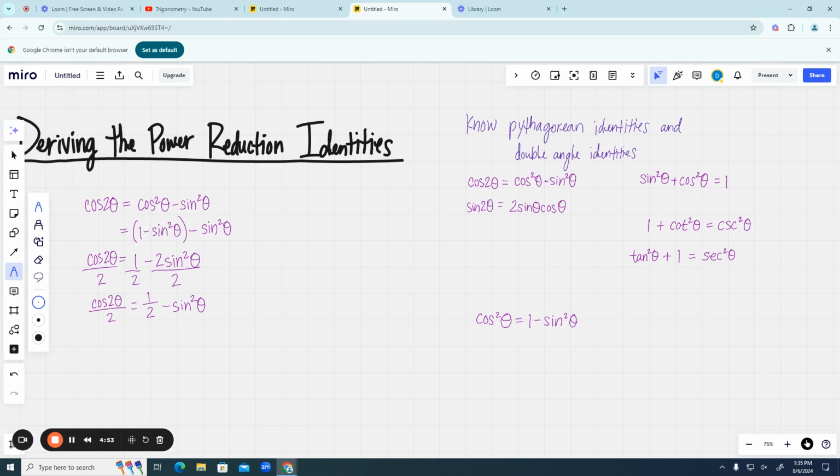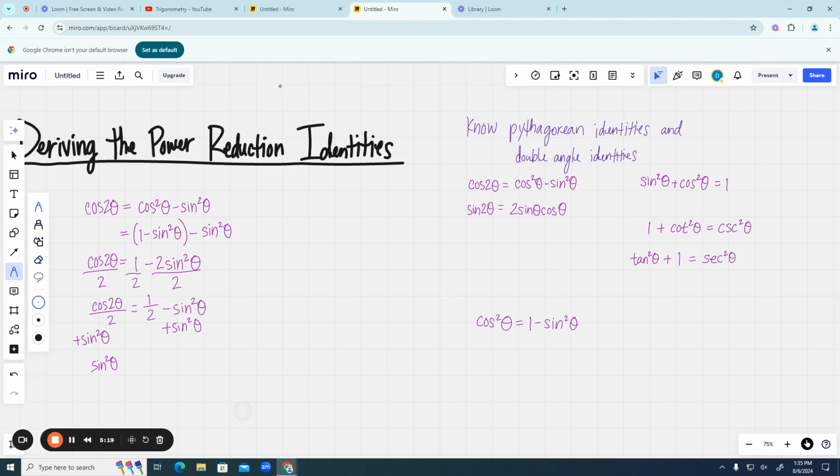Now I can just add the sine squared over here, and I can subtract this one so that I've isolated the sine squared theta.